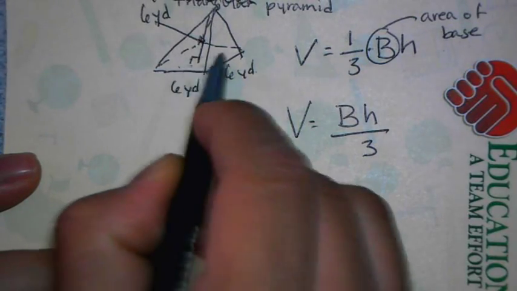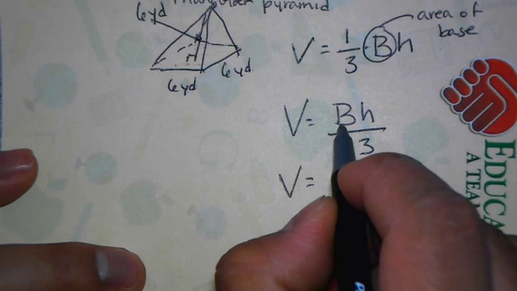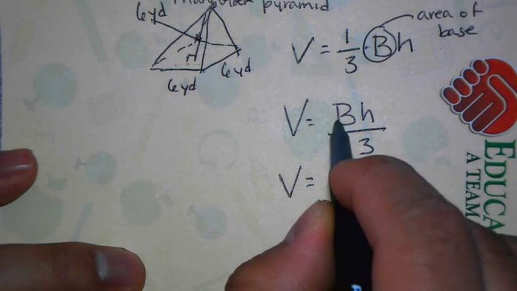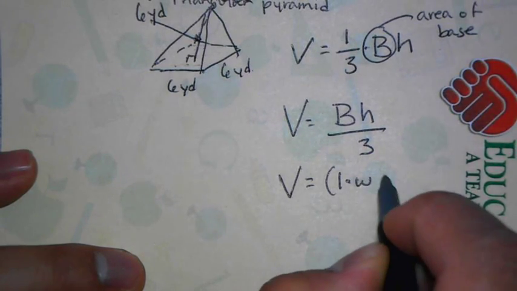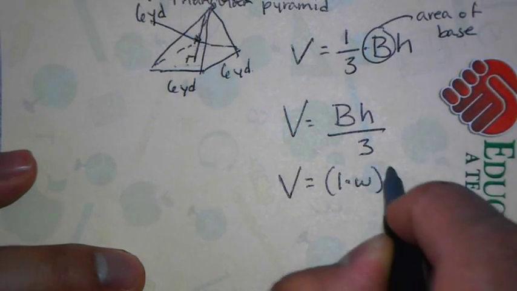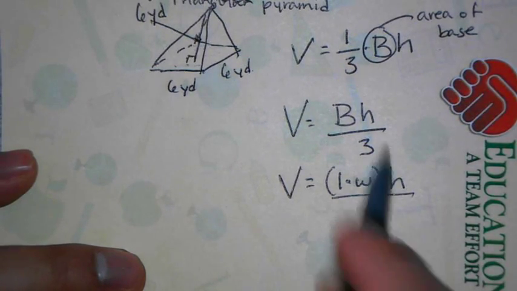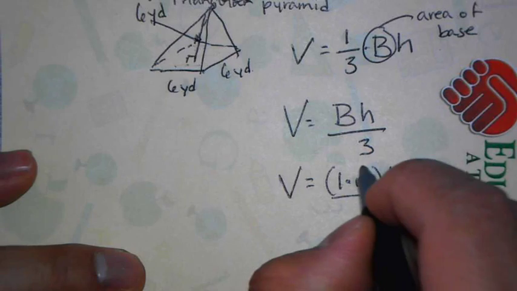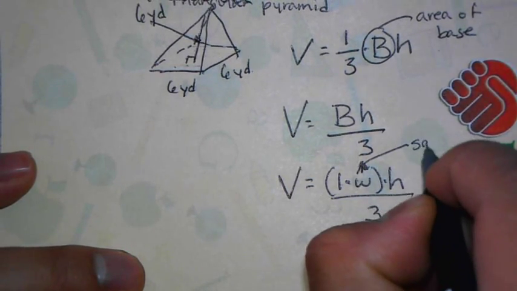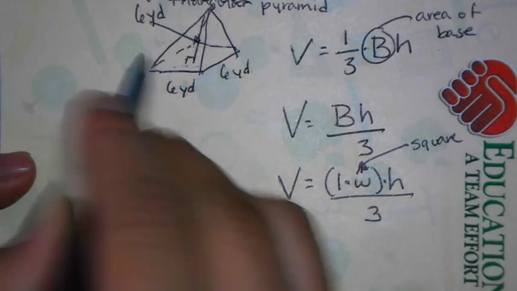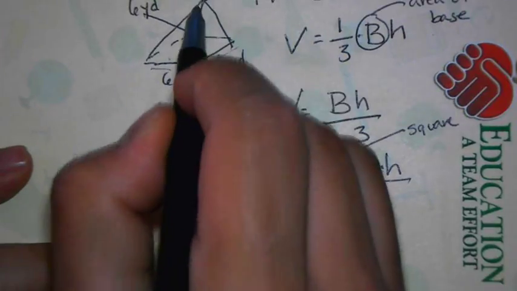We said it was a square, so the next thing I'm going to do is substitute the area of the base, which is length times width, times the height divided by 3. Now the length times width refers to the shape of the base, which is a square. That's why length times width is multiplied times the height.